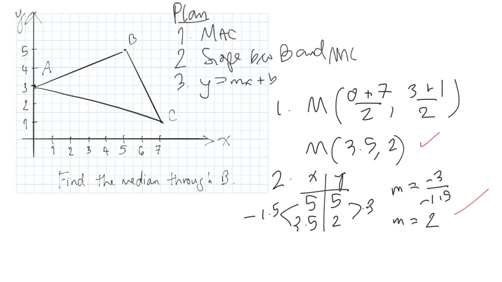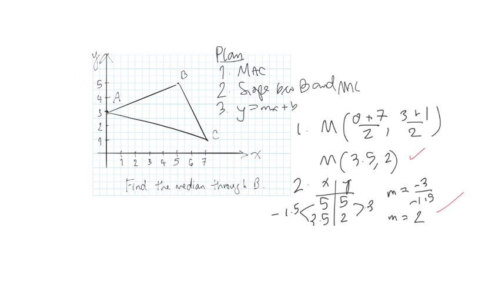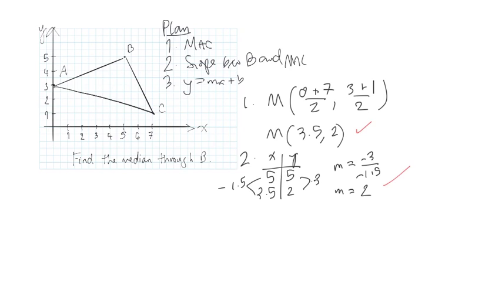That's good. And now I'm going to zoom out again, a little bit more room. Okay, so step 3, y equals mx plus b. Now because I'm talking about the line which goes like this, I need to use the slope, 2, and I need to use one of the points that I know on that line. I know the point B is on that line, and I know the midpoint is also on the line.